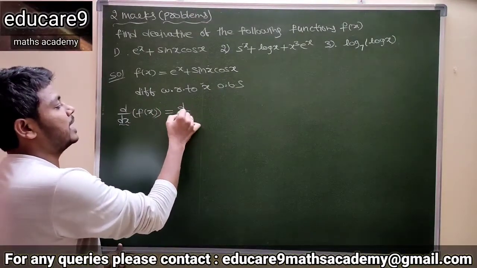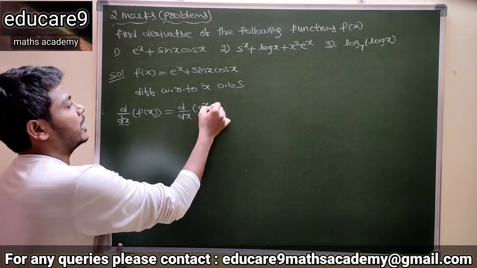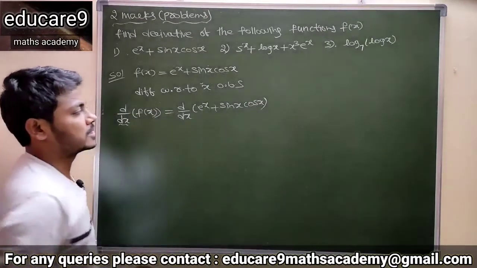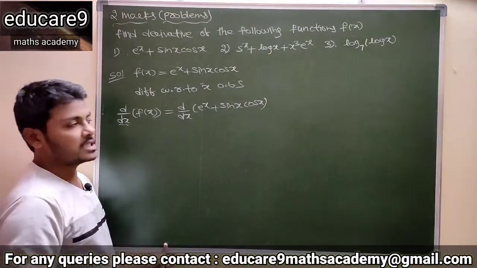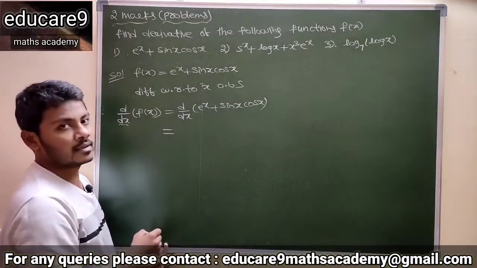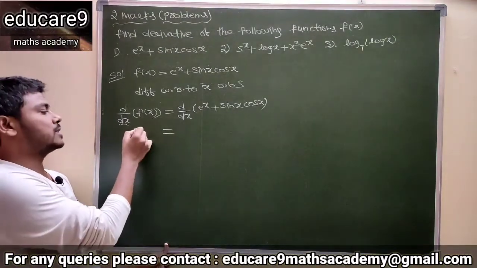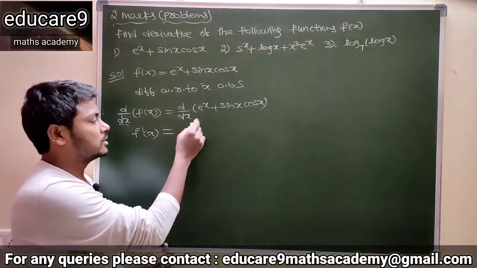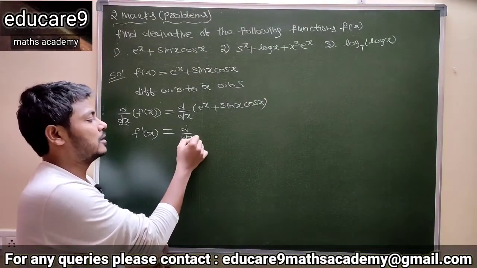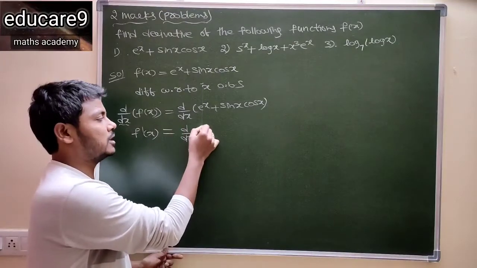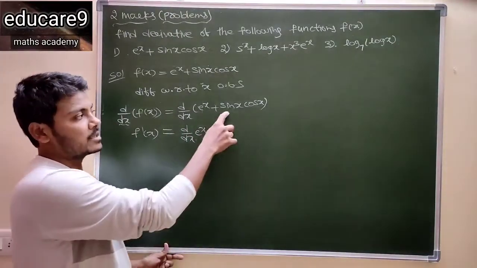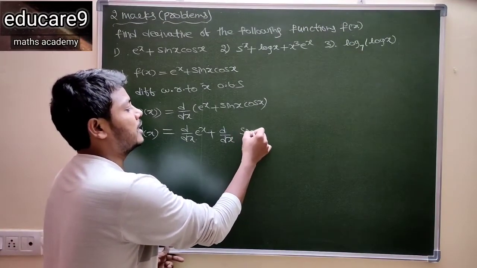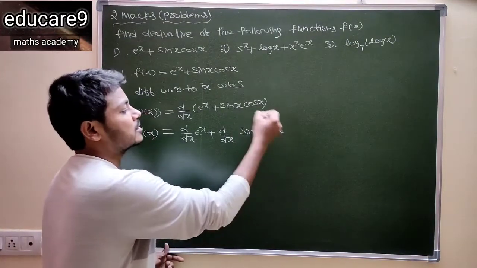Now d by dx of e power x plus sin x cos x. Now this can be written as, what is the derivative of f of x? F dash of x. Now this is d by dx of the first function e power x plus d by dx of the second function sin x cos x.